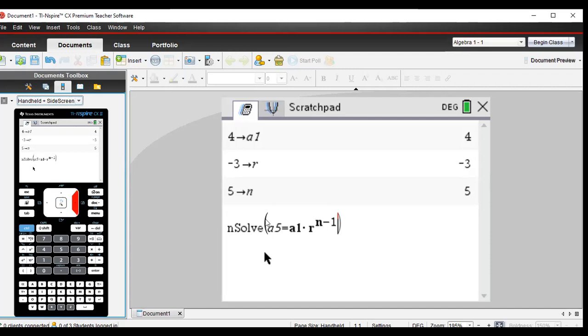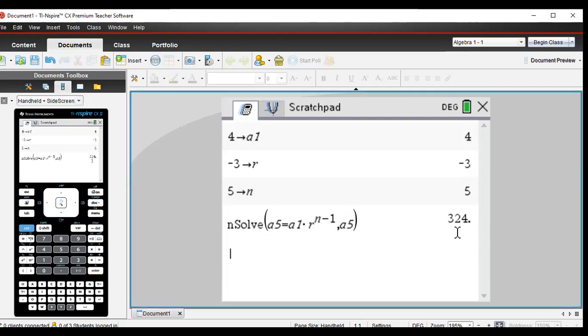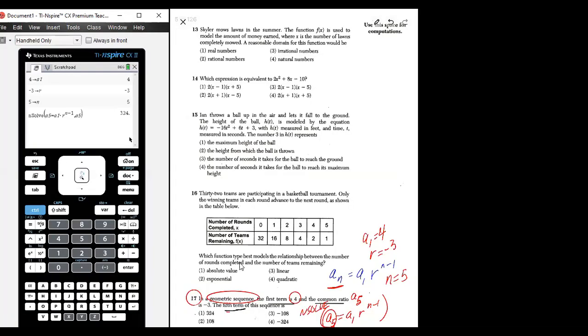So I'm looking for the value of the fifth term. So I'm just going to do comma. And then I'm looking for A5. So that's the variable I'm looking for. And then I press enter. And it tells me that the value of the fifth term of this geometric sequence is going to be 324. So if I go back to my iPad, that would be choice number 1.